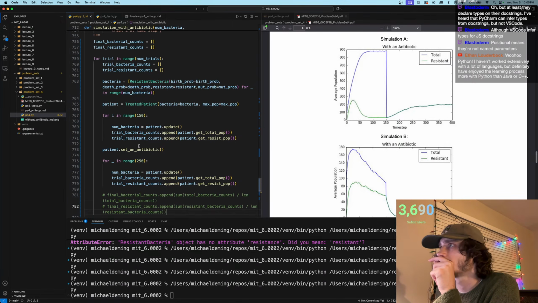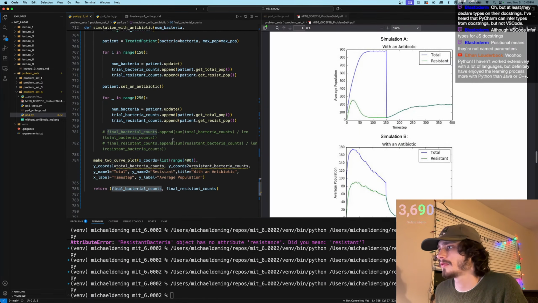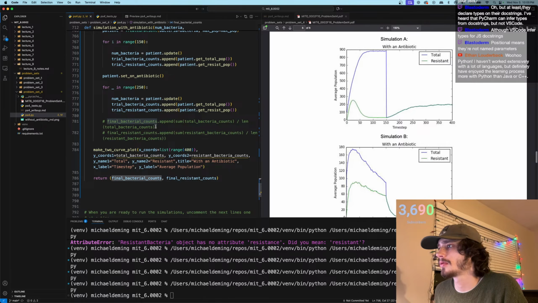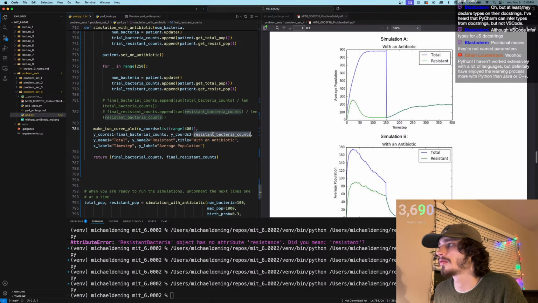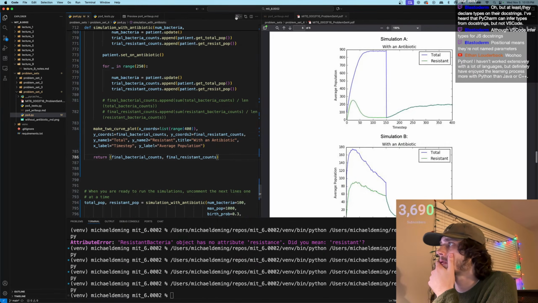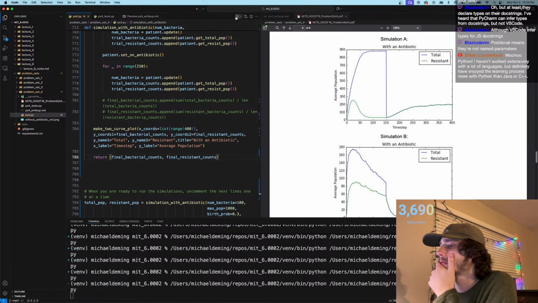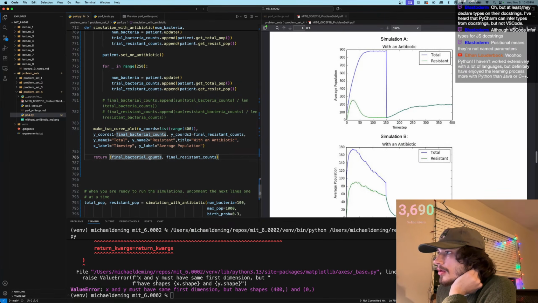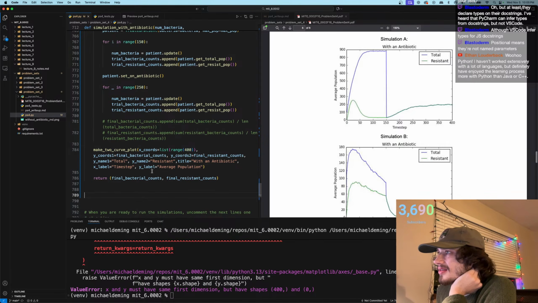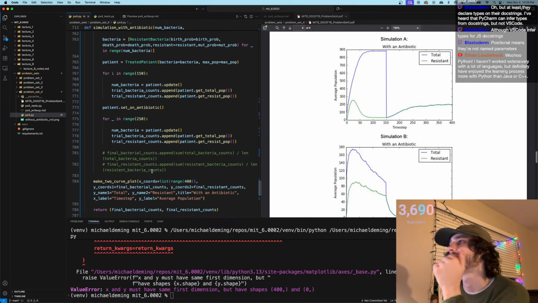Now this equals final bacteria. There's 0 in my Y. What? Oh my god.